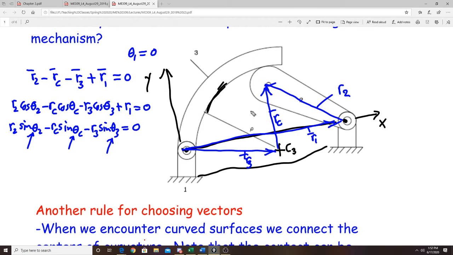Because if you moved this down here, remember, this R3 distance is the distance from this ground to the center of this circle. So if you drew this out right here, it's this distance right here, that distance.